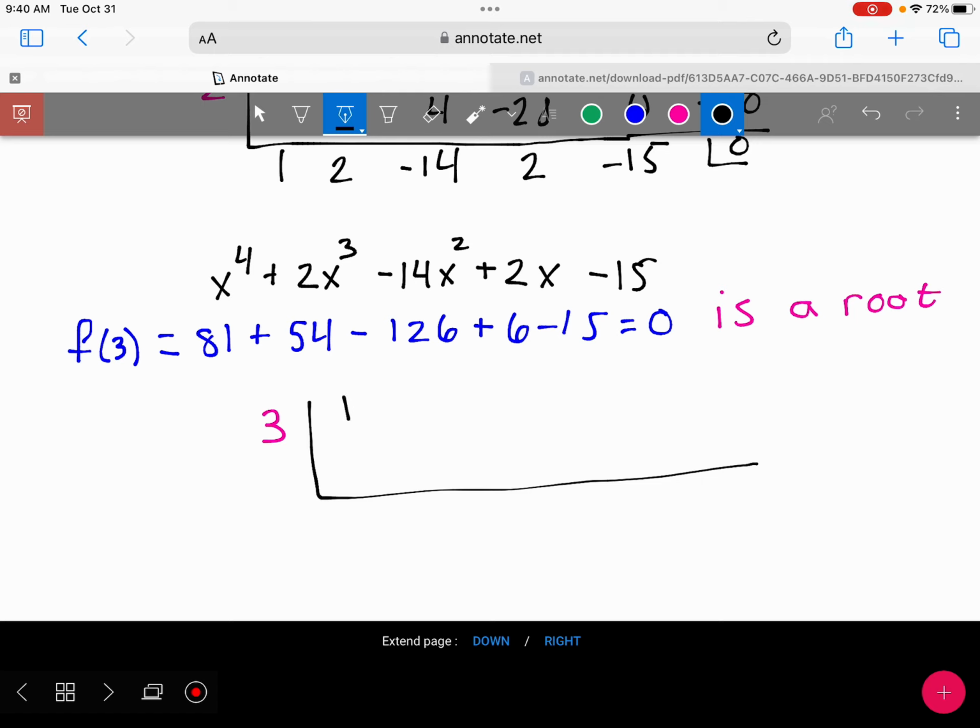We've got our 1, 2, minus 14, 2, and minus 15. Our 1 drops. 1 times 3 is 3. Add. 5 times 3 is 15, and then we're going to add.